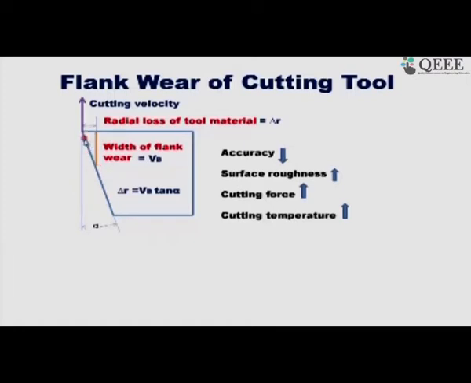This triangular area into the width of the cut in this direction will give you that kind of volume of material, and this is the width of the flank, and over this your clearance angle is 0. So, now you forget this part. Your tool is only from this point down this flank.